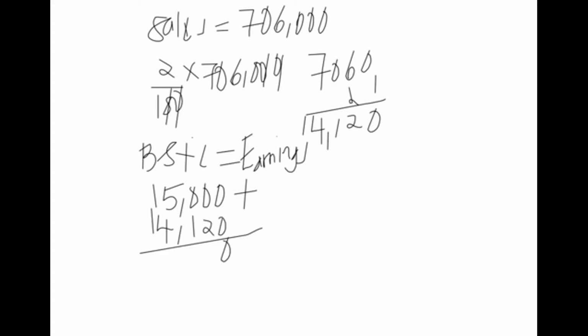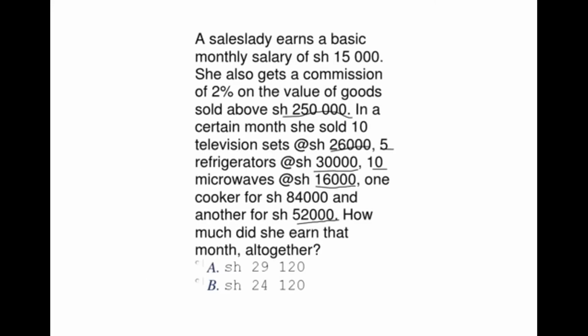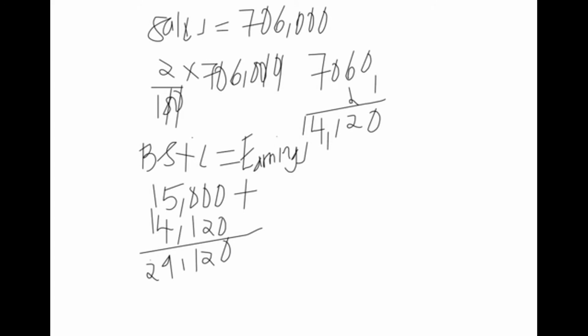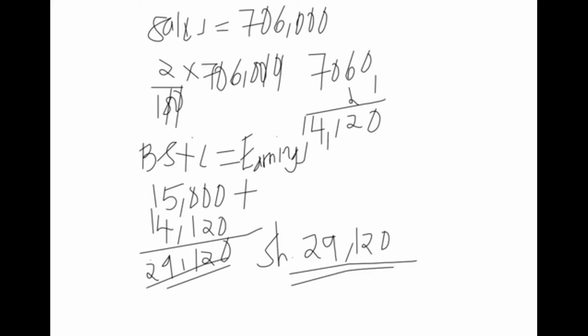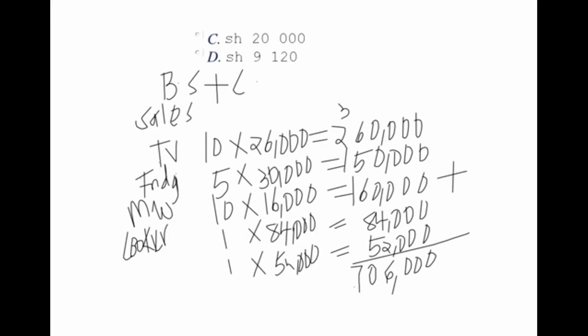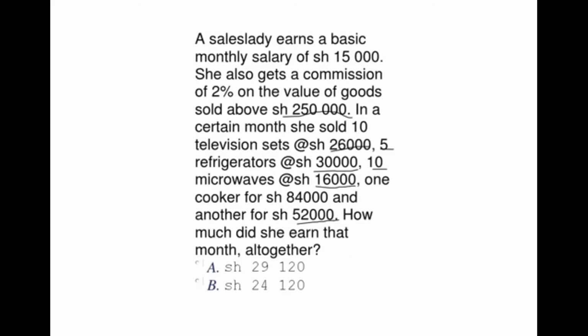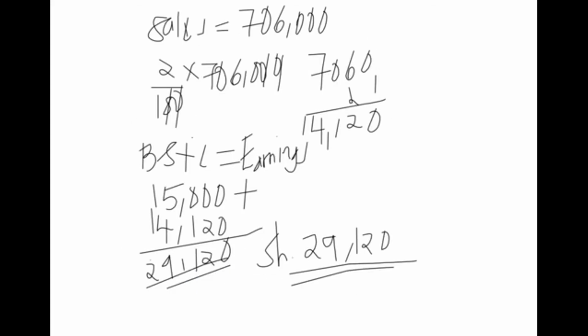So we add 0 plus 0 is 0, 0 plus 2 is 2, 1 plus 1 is 2. 5 plus 4 is 9. 1 plus 1 is 2. So we have 29,120 shillings. It's our option. We have option A, 29,120 shillings.